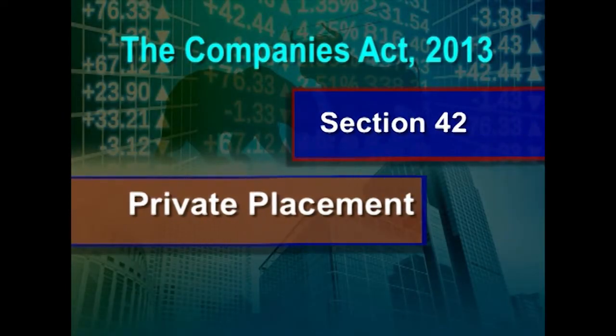Section 42, Private Placement. A company may make a private placement through issue of offer letters for private placement. Provisions of Section 42 become applicable to such placement. The offer of securities or invitation to subscribe for securities can be made to a number of persons but not exceeding 50 or such higher number as may be prescribed.